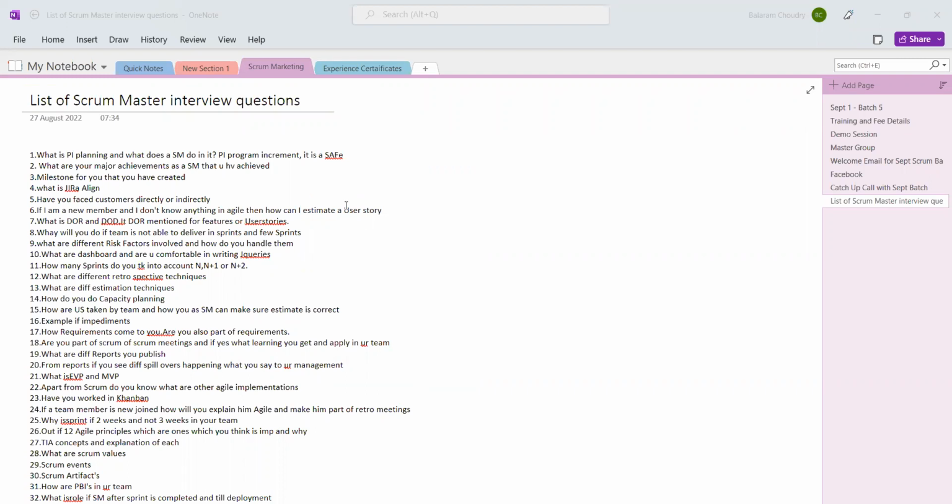Jira Align is integrated in a way where other teams can see the dependencies raised on their teams. Let's say, for example, you have A, B, C, D. All four teams will have access to Jira Align. If team A is raising a dependency on team B, team B will be able to see, okay, A has raised a dependency on us.